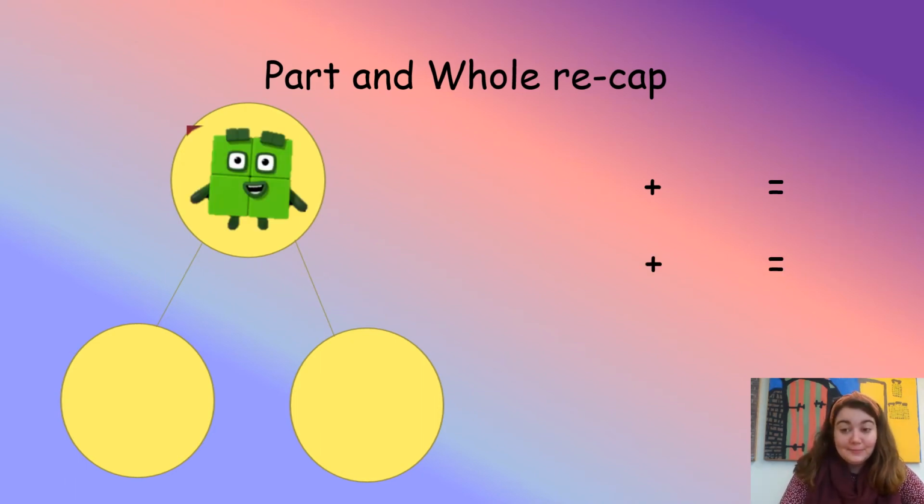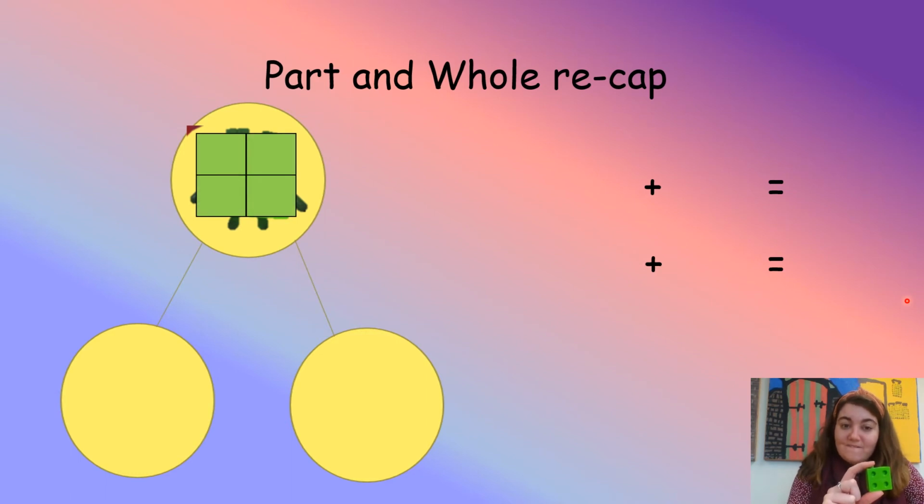Okay, so now it's getting a bit trickier because we're looking at number four. Now, number four can be broken into two parts in two different ways. Let's take a look at the first way. So if I've got my four squares, my four cubes, I'm going to break it into two parts. So I've got how many in this part?